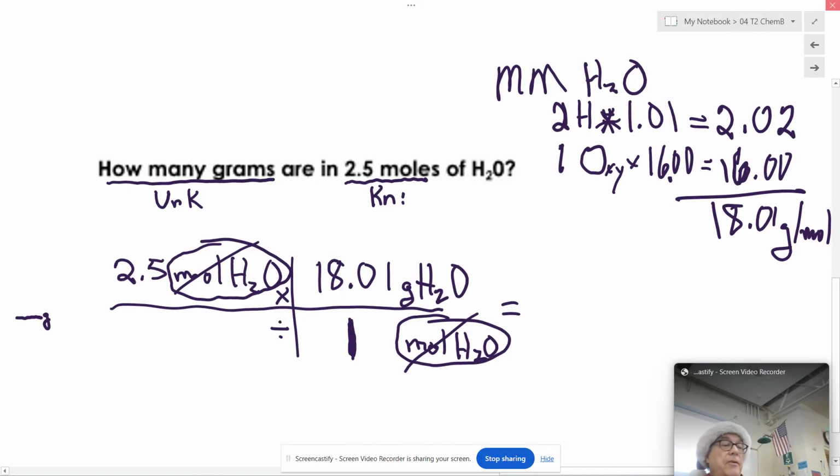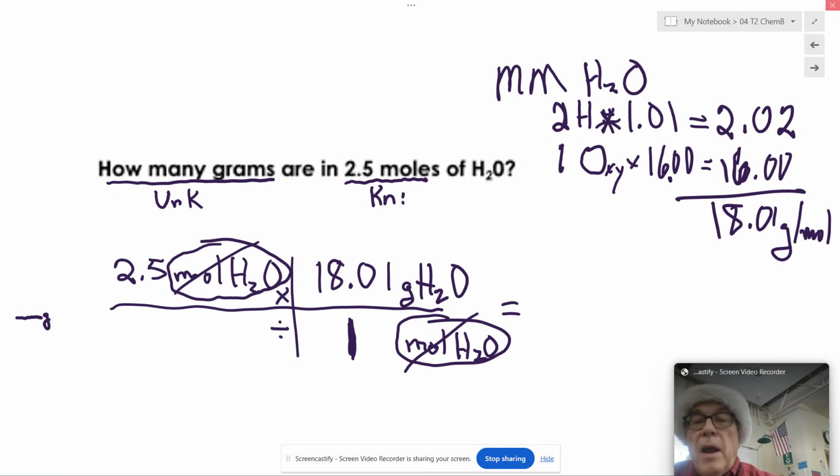So I do 2.5. I'm going to put this into my calculator. I'm going to multiply by the things on the top. I'm going to divide by the things on the bottom. So I'm doing 2.5 times 18.01 divided by, there's a 1 on the bottom, and that is 45.02.